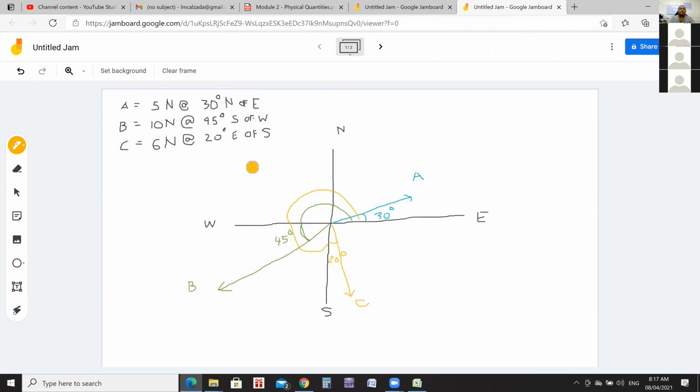Okay, let's go back here. Looking at your vector A, this is 30 degrees. Now if you draw a triangle, you have vector A, and this is 30 degrees.